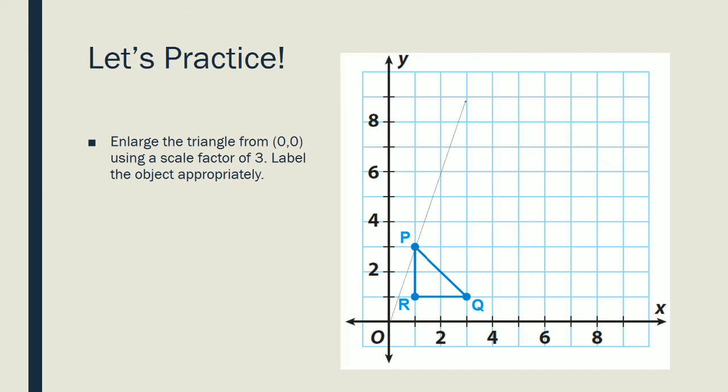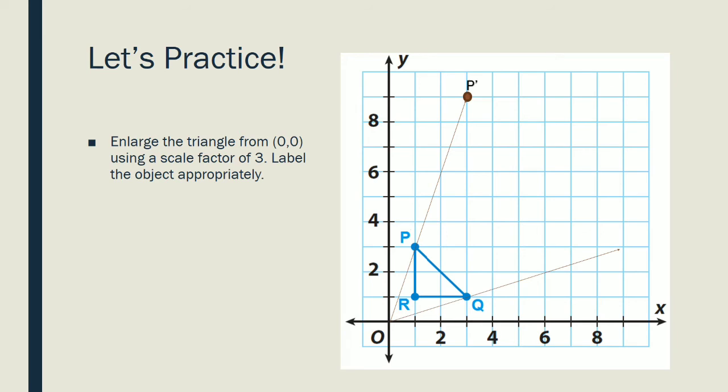From the origin to R, we have extended across one square. Therefore, if we're using a scale factor of 3, from the origin to R prime must extend across 3 squares. This takes R prime to 3, 3. R and Q share the same y coordinate in the object, and so this must remain in the image. So already we know that the y coordinate of Q prime is 3.